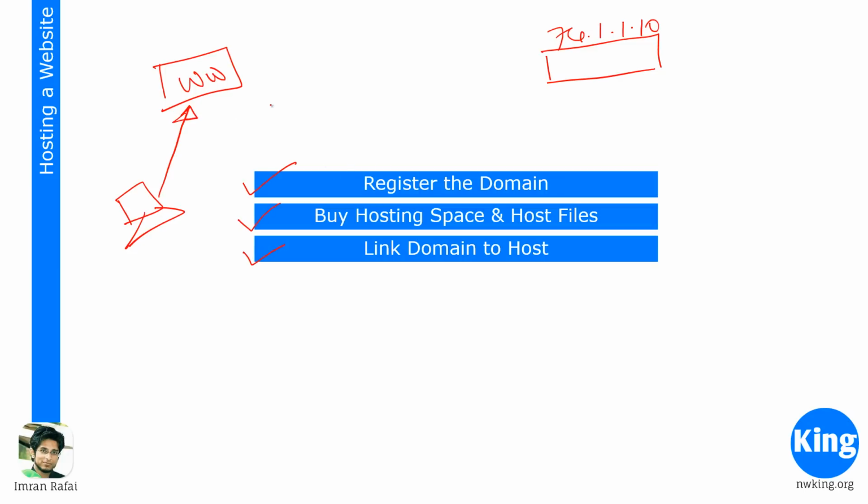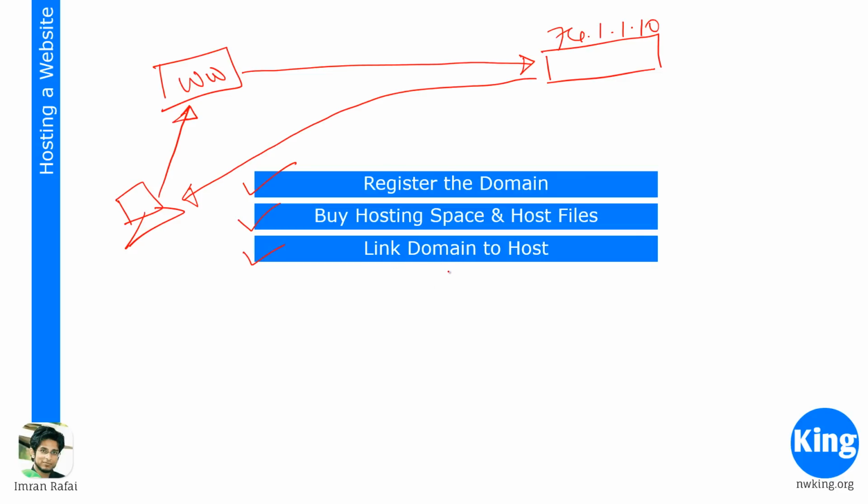So this computer would send that request to this server where you host the files, and this server will send the file back to your computer, and your computer will display the website. And that is how it is done, right? So this part, the linking between domain name and host, is done.